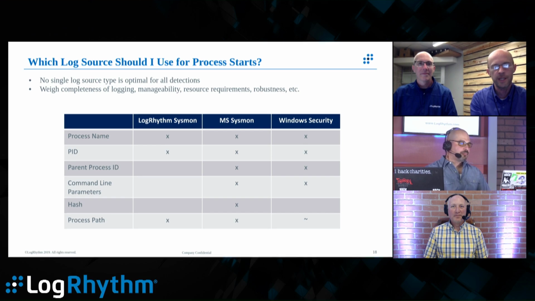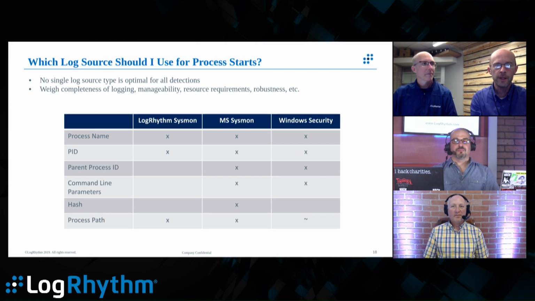The message here is a little bit vague, but basically what it's saying is no log source type is optimal for every type of detection. So we're just giving an example in this table: we would set up a test box, log the same simulation, and have it collecting LogRhythm Sysmon, Microsoft Sysmon, and Windows Security auditing, all against the same set of actions.